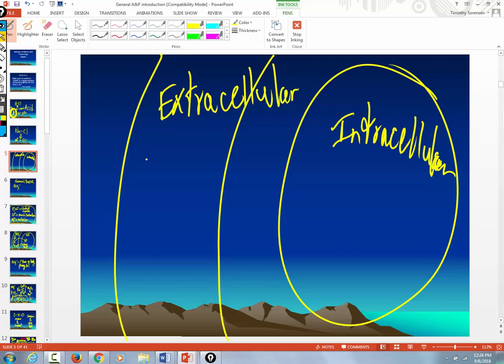And what's this space between the cell and the capillary called? Nice. Interstitial space. I don't distinguish between them; just watch.